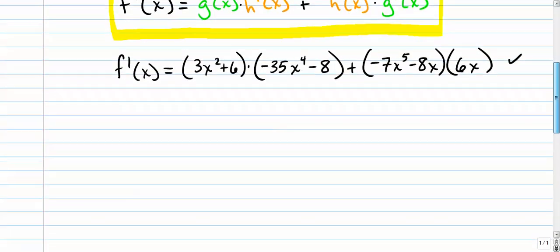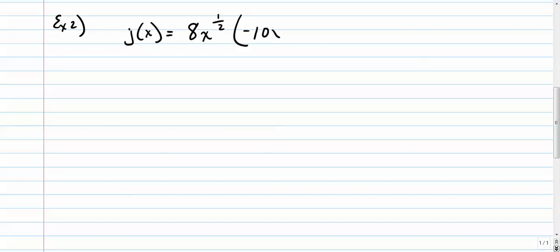Let's try another one. So let's say we have j of x, and j of x is equal to 8x to the 1/2 times negative 10x to the negative 2 minus 3x to the fourth plus 1.